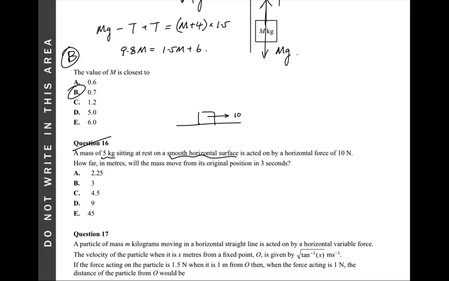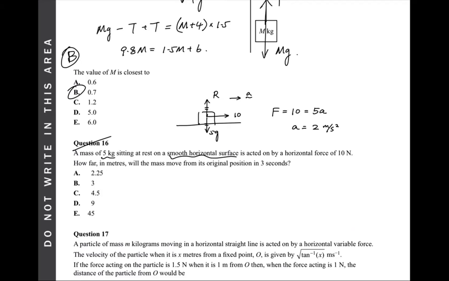Horizontal force is 10 newtons, 5g, and the reaction force R, they should cancel each other out. Now, the resultant force is equal to 10, but it's also equal to 5 times a. So acceleration is 2 meters per second squared, to the right, or in the positive direction.